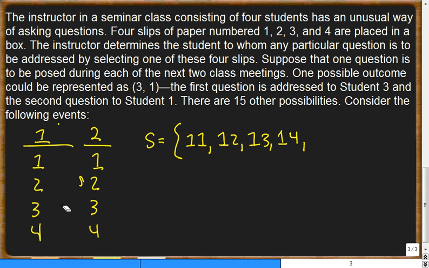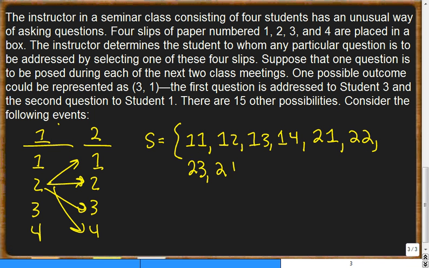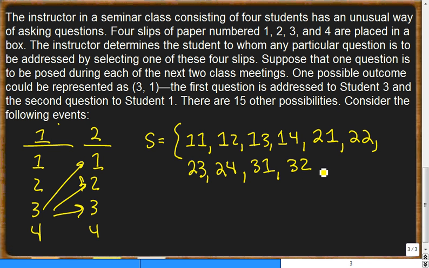And then the second day, and so on and so forth, we look at every possible outcome. So we've got 2, 1, 2, 2, 2, 3, 2, 4. We move on to set 3: 3, 1, 3, 2, 3, 3, 3, 4.